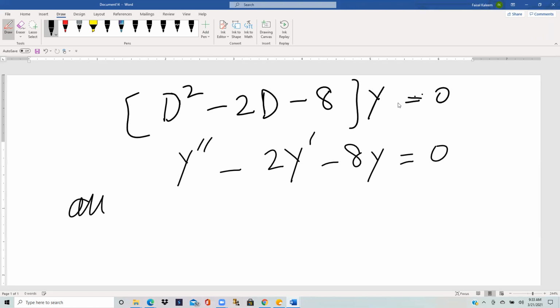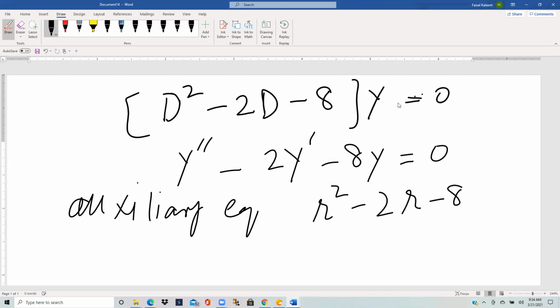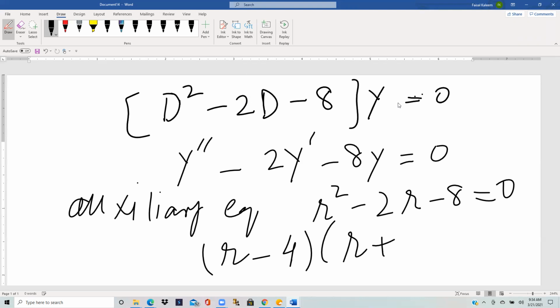We write the auxiliary equation: r squared minus 2r minus 8 is equal to 0. So (r minus 4)(r plus 2), so r is equal to 4 and negative 2.